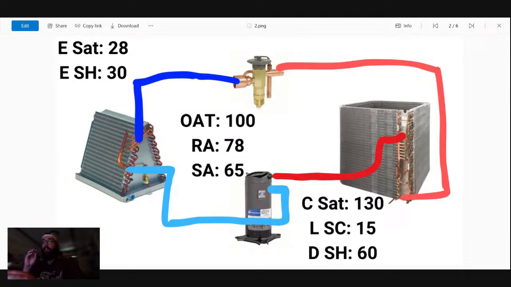Usually when I see the actual TXV being plugged, especially at the inlet screen, from that liquid line inlet port through the whole valve body will begin to frost and ice over in a way that it normally wouldn't. And I would expect the leaving side at the distributor going forward to be frosting up at this point with the way the system is running.